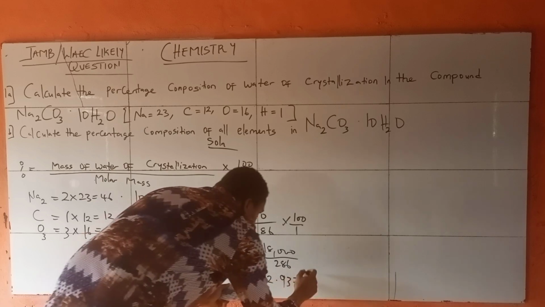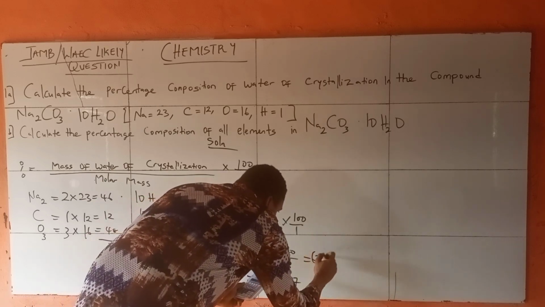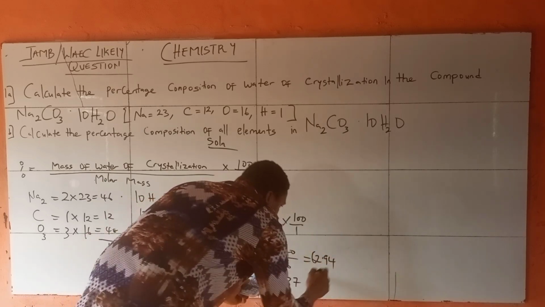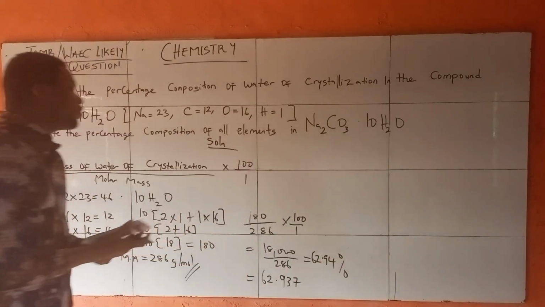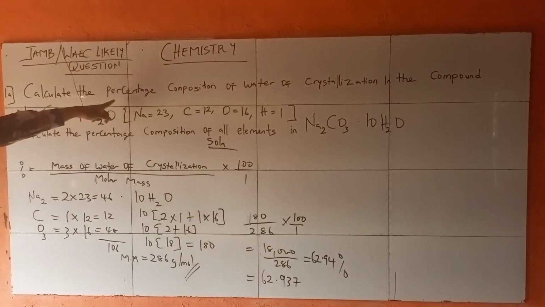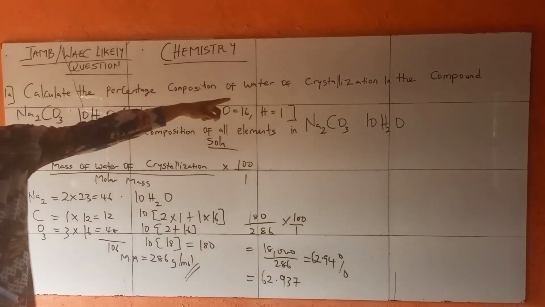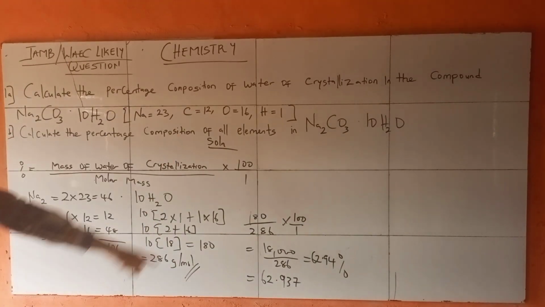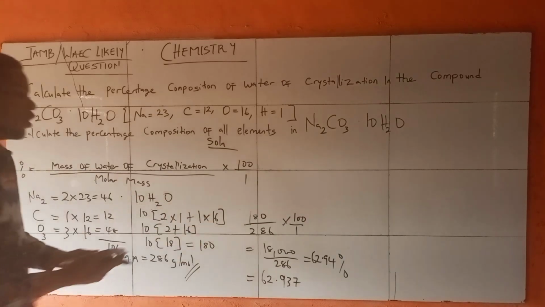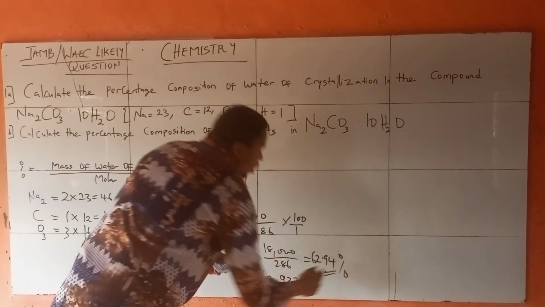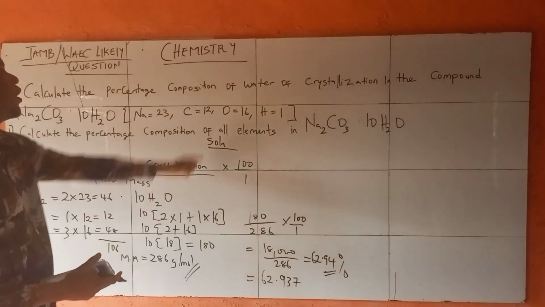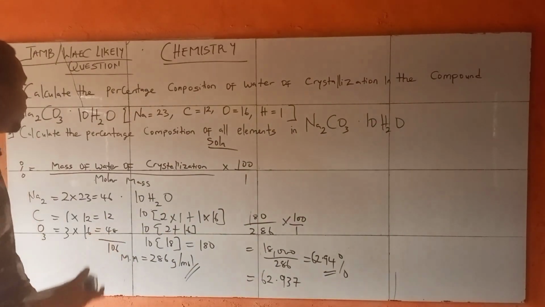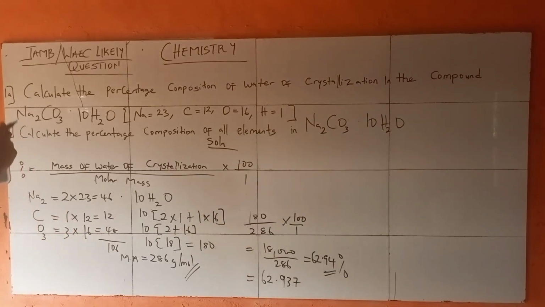Let us approximate it to 62.94%. So, therefore, our water of crystallization in the compound is 62.94%. So this is how you solve questions involving water of crystallization when added to the compound in question.